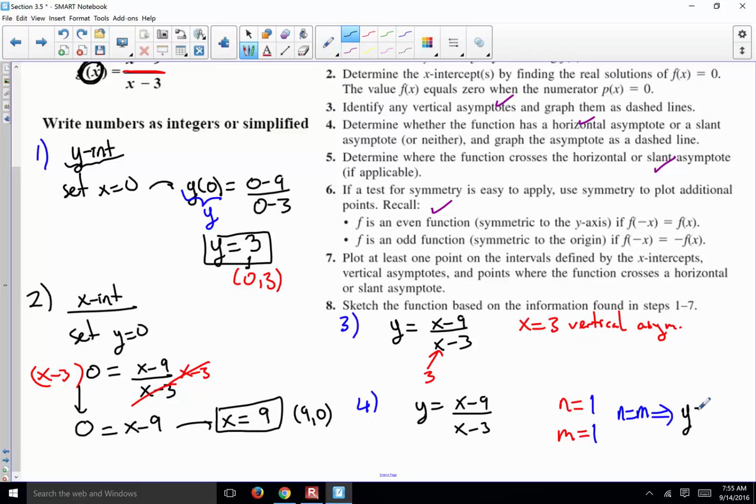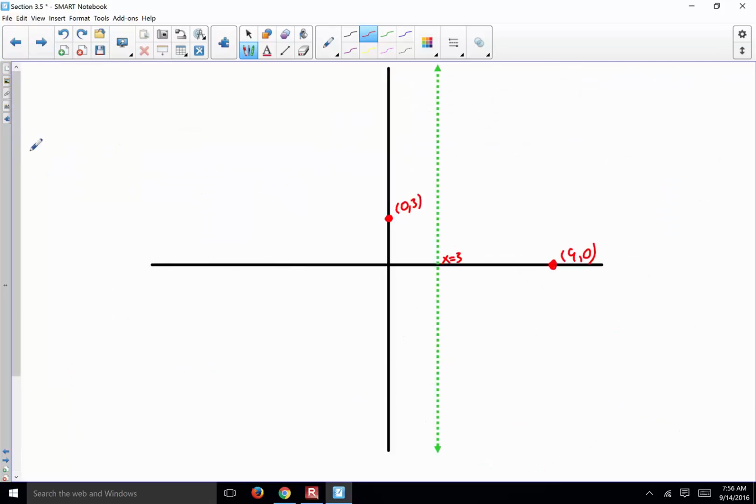Yes. How do I get it? We take the numbers in front of those biggest leading terms. We call them leading coefficients. 1 over 1, which is 1. So y equals 1 is the horizontal asymptote.